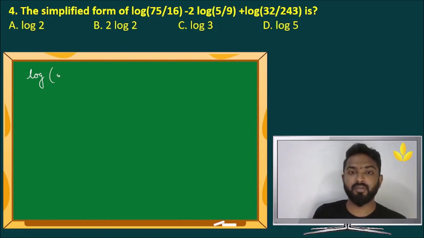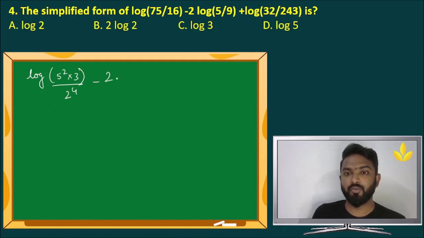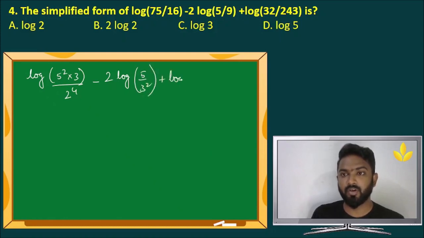So that is nothing but 5 square into 3 divided by 16, which is nothing but 2 power 4. Okay. Minus, we have 2 log of 5 by 3 square, plus log of 2 power 5 divided by 3 power 5, because 243 is 3 power 5.